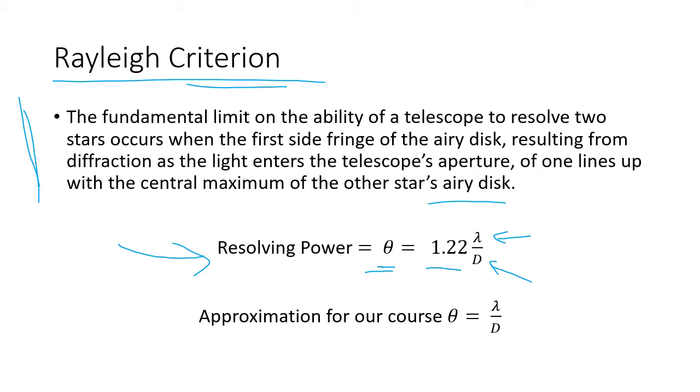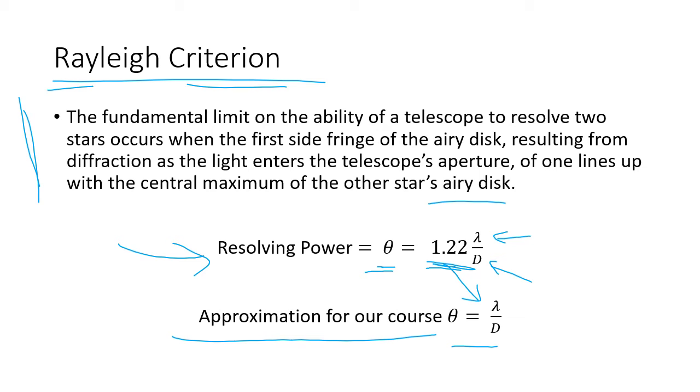Where it's turned up in this latest specification, that's always been available as an alternative. But for reasons I don't know, our course uses an approximation. So our course leaves out the 1.22. This would be true if they were single slits rather than circular apertures, apparently. But I don't know why our course leaves out the 1.22, but it does.